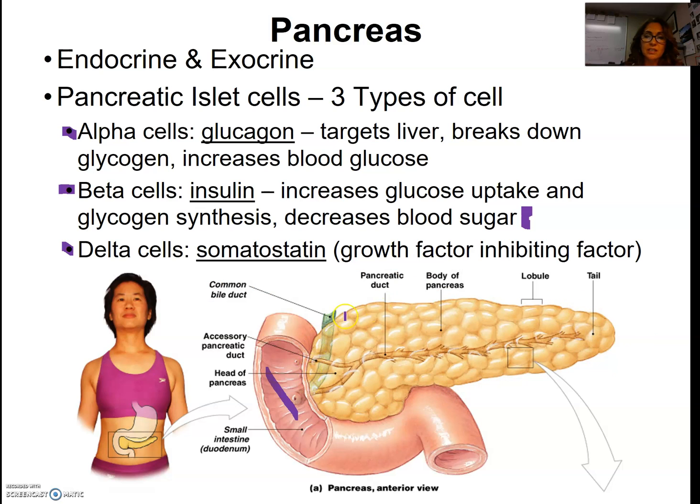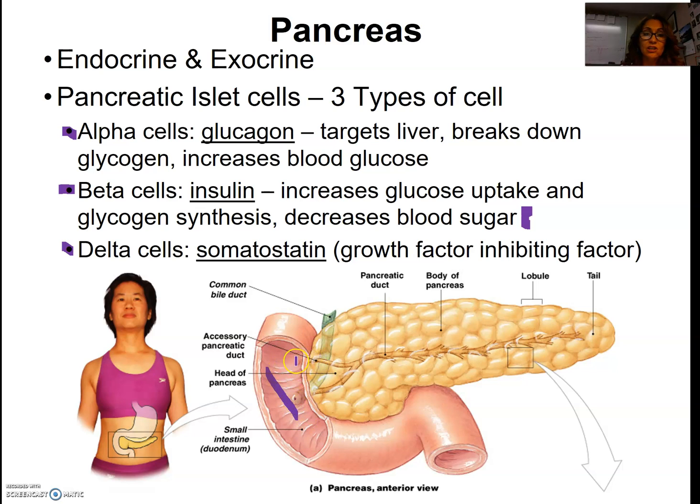And the pancreas is this kind of long, tail-shaped organ that sits inferior and slightly behind, posterior to the stomach, and it's adjacent to the duodenum component of the small intestine.